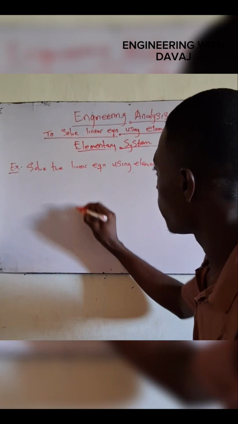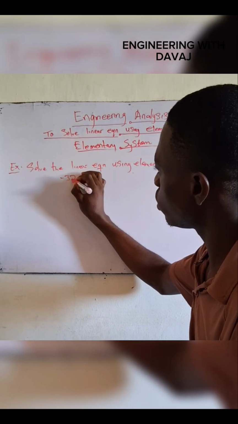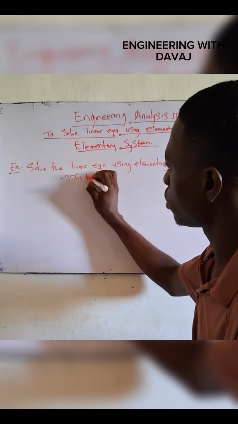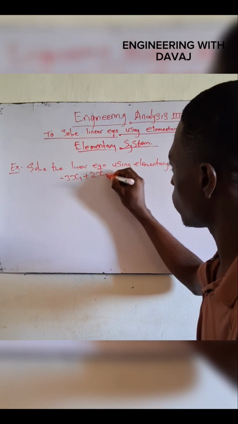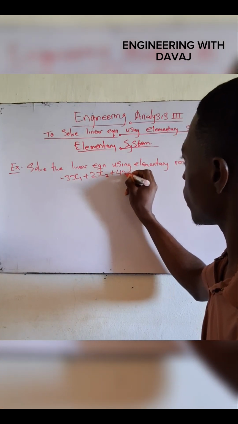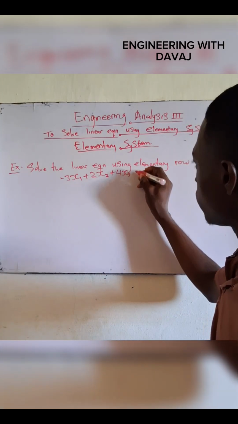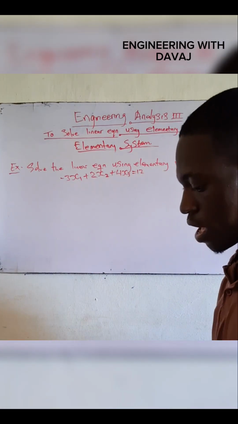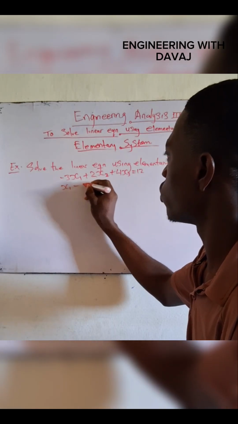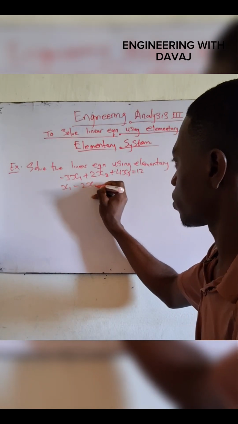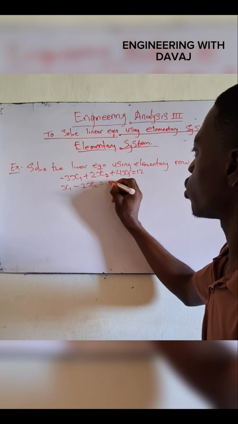So I have minus 3x1 plus 2x2 plus 4x3 equals 12. I have x1 minus 2x2 equals minus 4.